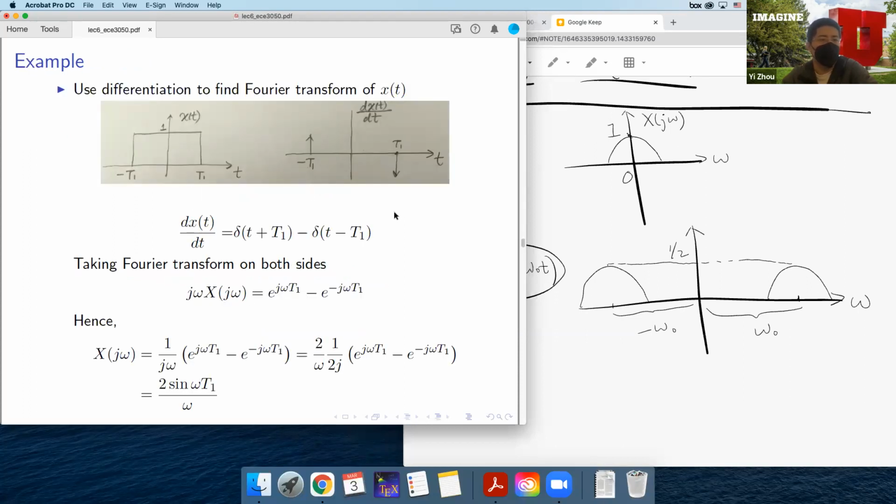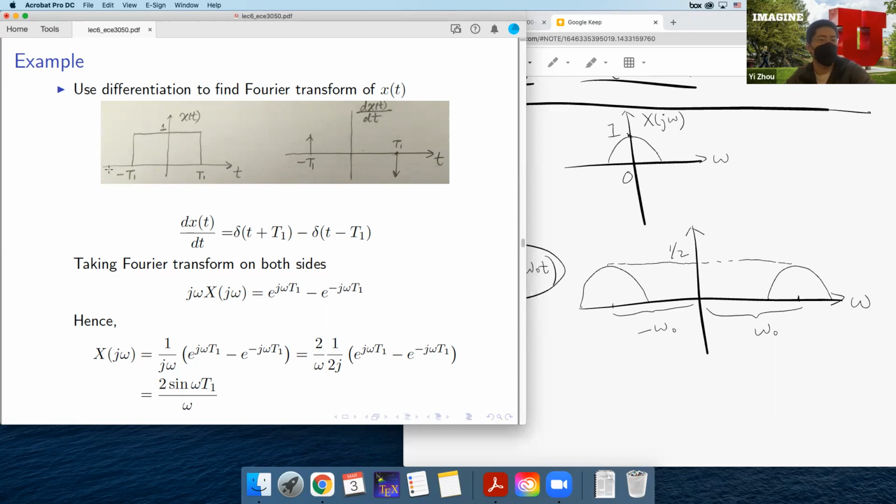And here's an example, using the differentiation property to find the Fourier transform of x(t). The x(t) is given by such a standard rectangle signal. Of course, you can do it in the standard way by doing the calculation. But here, the observation is that if you take the derivative of this rectangle signal, then the derivative signal is very, very simple.